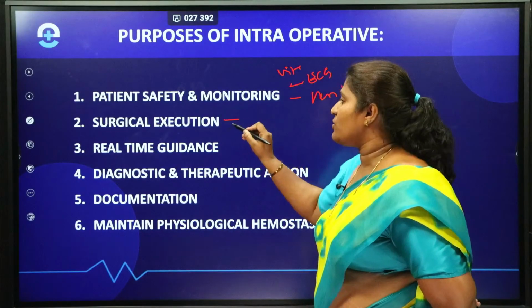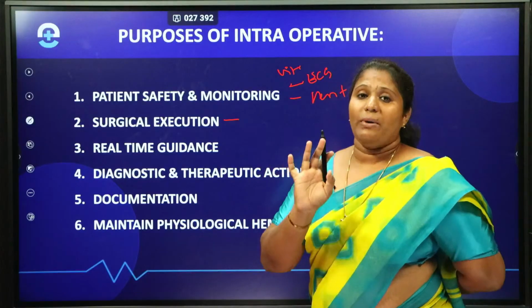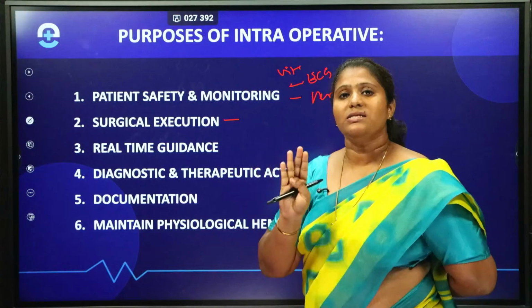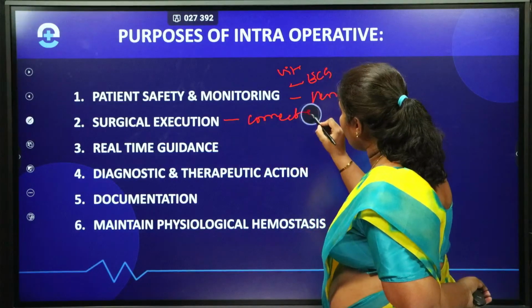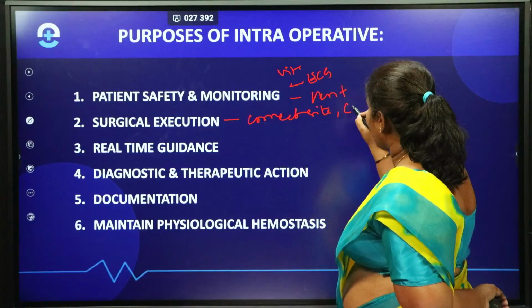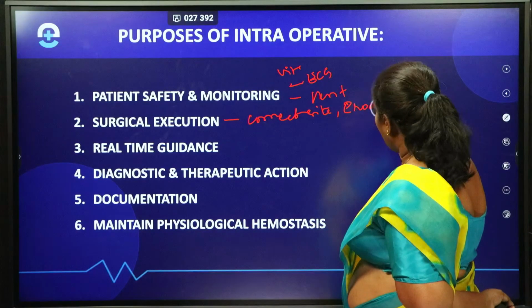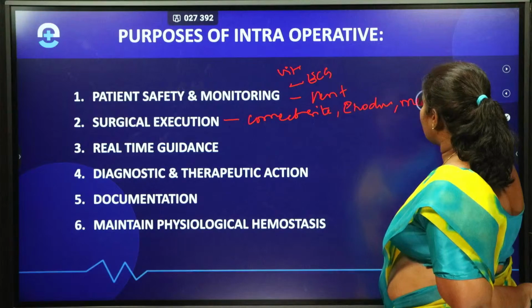Then surgical execution means checking whether the doctors are doing the surgery correctly: correct site, correct procedure, correct medications. Everything we need to see.